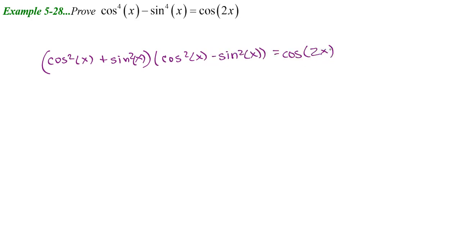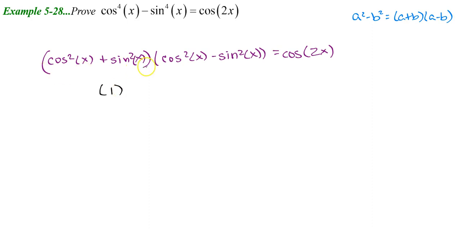So again, remember, we're just using the difference of 2 perfect squares here. So I'm using a squared minus b squared equals a plus b times a minus b. Just in this case, we have 4th powers, which when we square root them, we get squared.